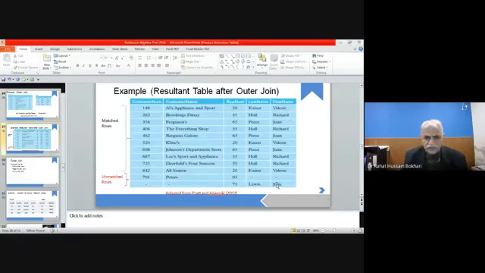Similarly, for this record 75 Lewis and John, there is no matching criteria with the customer table. So these values are kept as null.